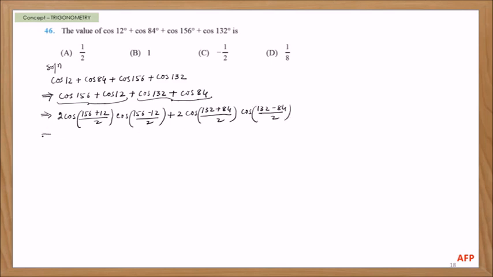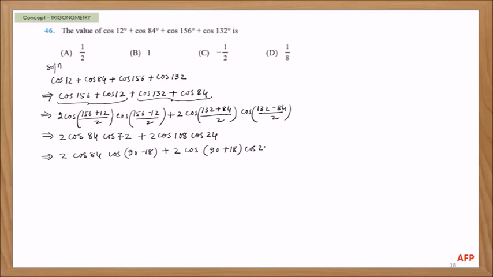Okay, this implies 2 times cos 84 (cos 72 plus cos 108) cos 24. Okay, so this implies 2 times cos 84 cos(90 minus 18) we can write, plus 2 times cos(90 plus 18) we can write, cos 24.